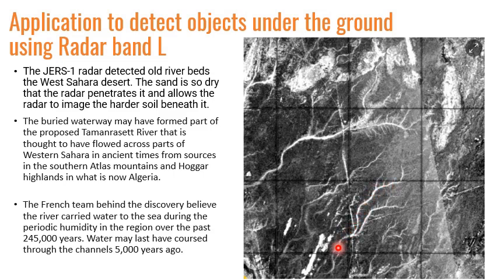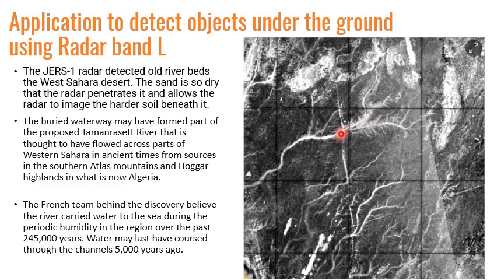So you can see here it is in Algeria. This is a French team. They discovered, and they believe, that the river carried water to the sea during the periodic humidity in this region, over the past 245,000 years. So water may have last coursed through the channel 5,000 years ago.